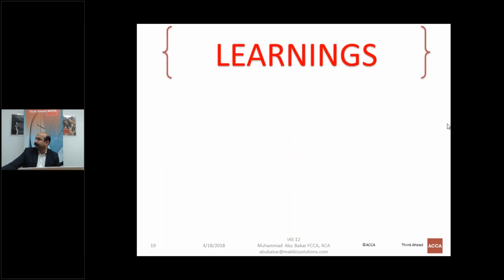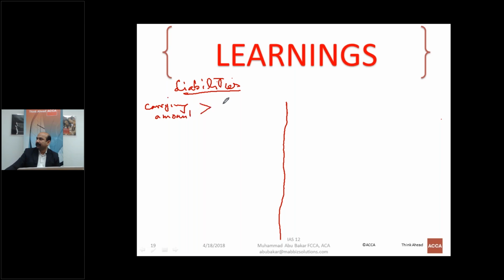And for liabilities, if the liability's carrying amount is higher than its tax base, and the other situation is when its carrying amount is lower than its tax base.